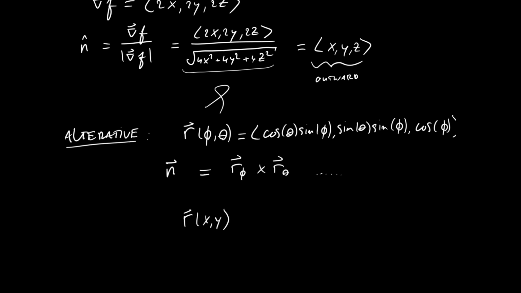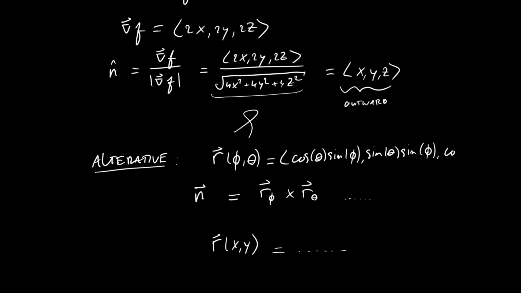You can still use this parameterization, but then you would have to show that you get the same vector x, y, z on the upper half and the lower half. So it's basically the amount of work times 2, almost. That's another alternative you may use. It will give you a correct answer, but it's also a lot of work.